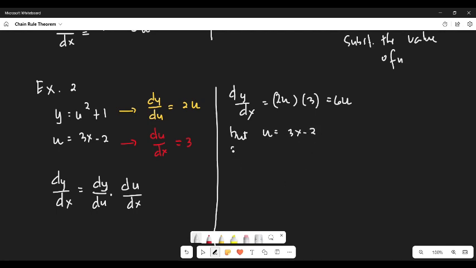So we have to substitute this value of u into our equation. So dy/dx is equal to 6 times (3x minus 2). This will be our answer for this example.